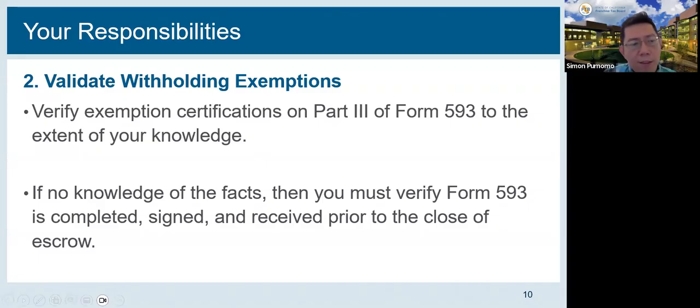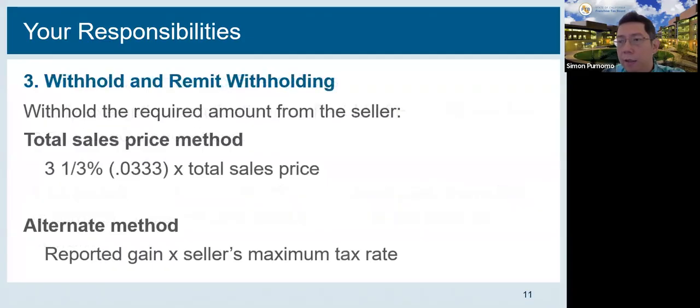But what if the seller doesn't qualify for any exemption? Then your third responsibility is to withhold and remit withholding. This means you will need to submit a Form 593, 593V and determine the amount of withholding to submit to Franchise Tax Board. The amount sent in must be 3 and 1/3% of the total sales price.